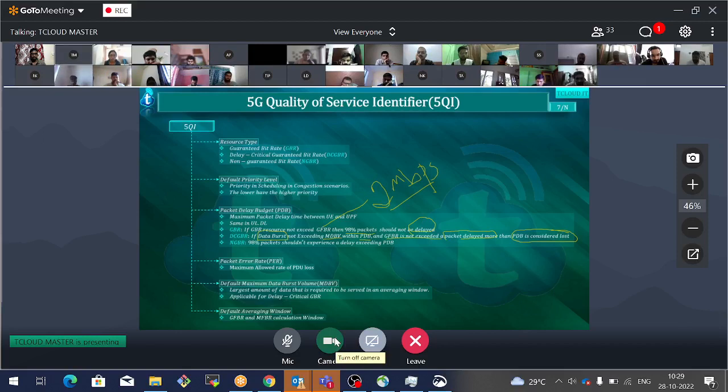Last characteristic, NGBR. 98% of the packets should not experience a delay exceeding the PDB. So it should be within the limitations, 98% of the packets. So this 98% rule is present in the GBR as well as in non-GBR.